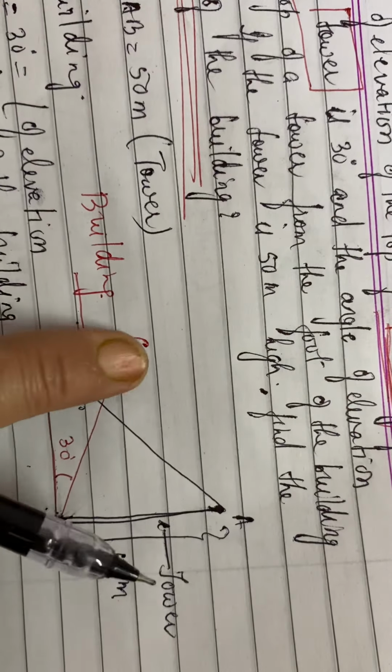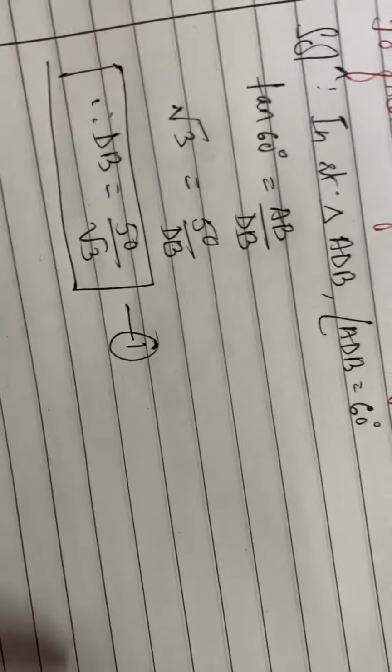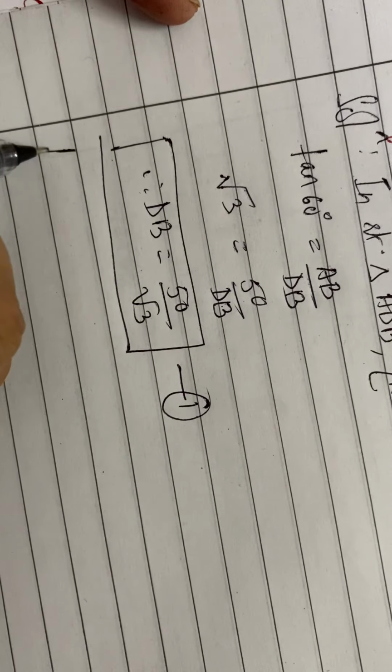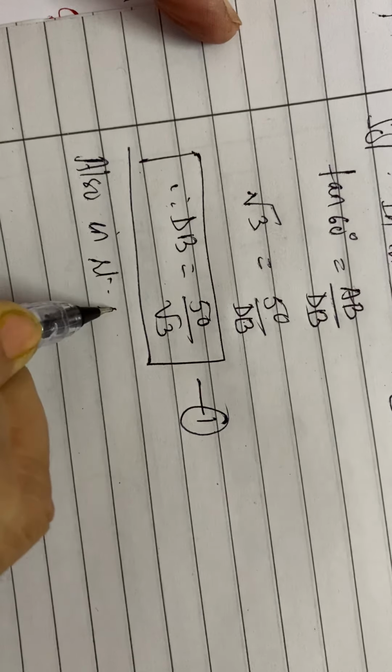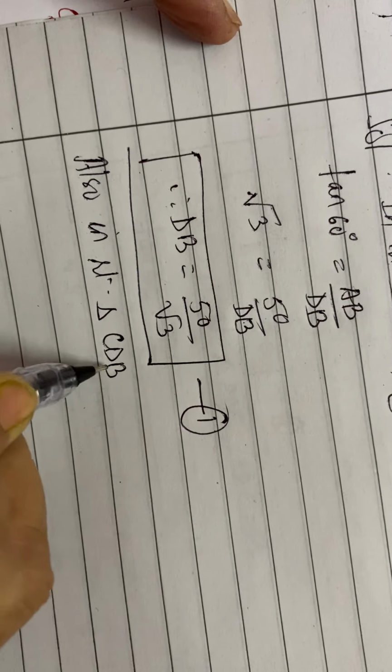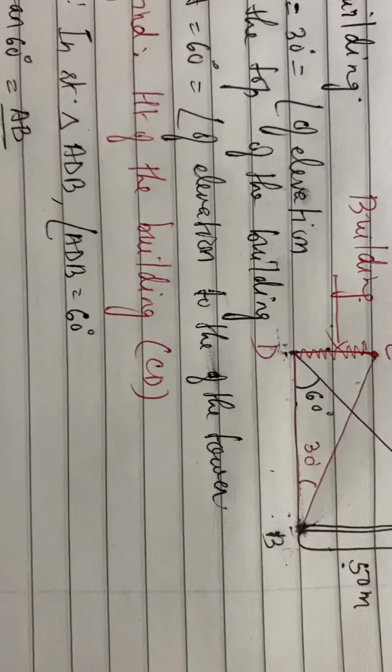Okay. Now come to the smaller right triangle, triangle CDB. Also in right triangle CDB, which angle is given to us?